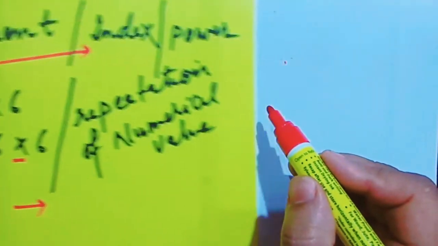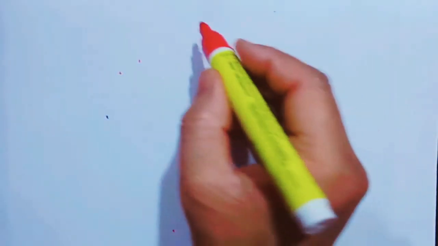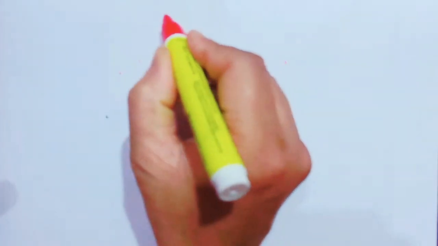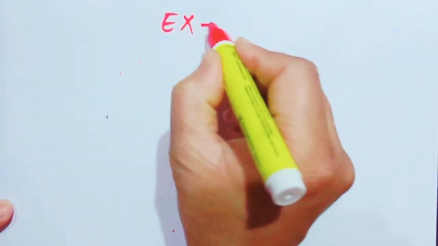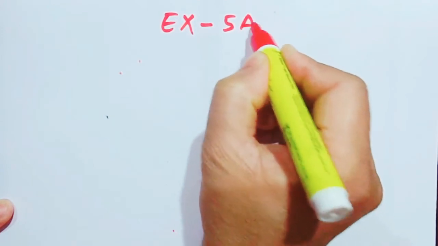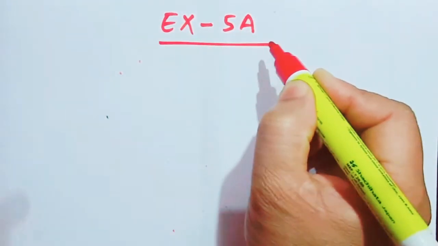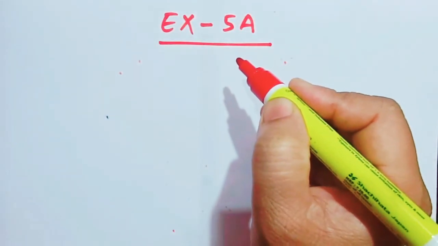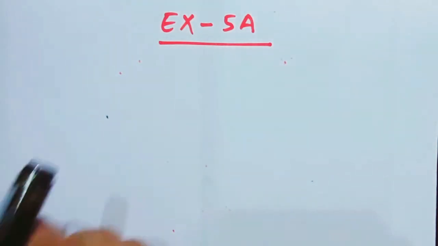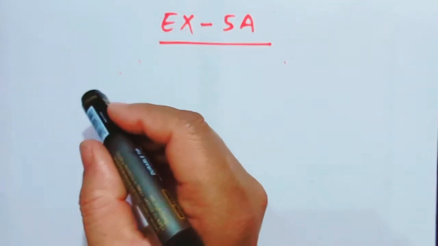So let us come to exercise 5a, and your exercise 5a deals with varieties of sums. As we keep on proceeding, we'll find that there are variations in the sums.